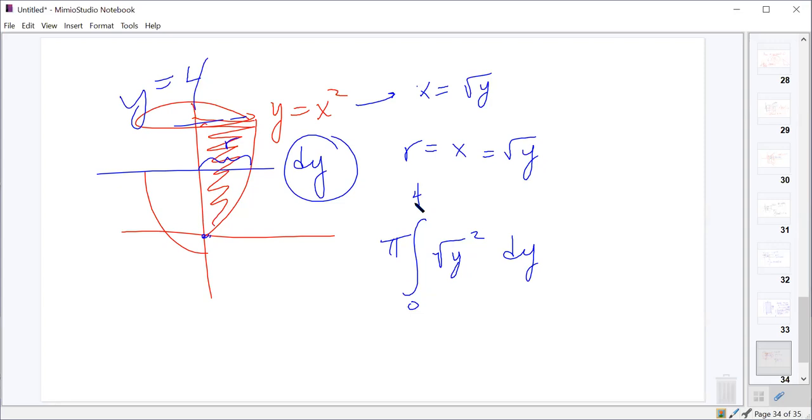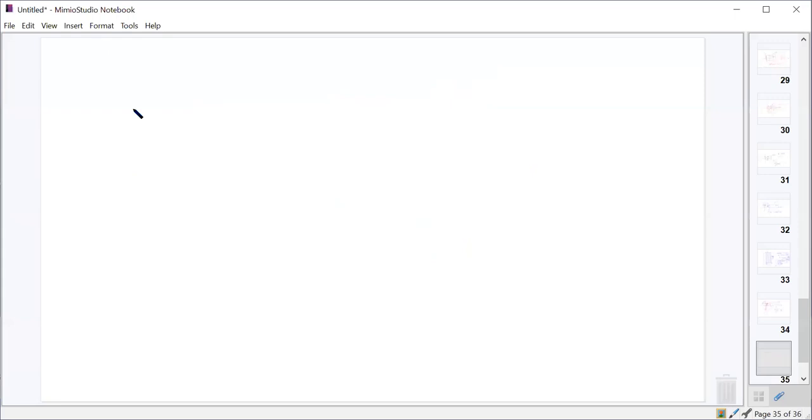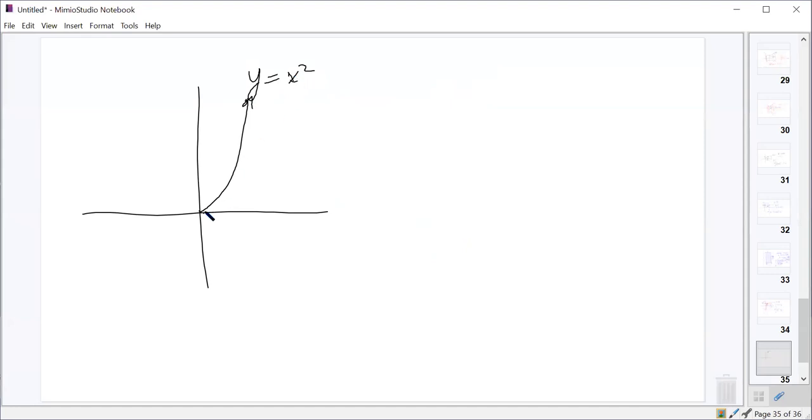Mm-hmm. Okay. Now we might end up with something, and it's less common that they do this, but let's come up with a good function here. Suppose we had y equals x squared, and we had y equals 2x squared.